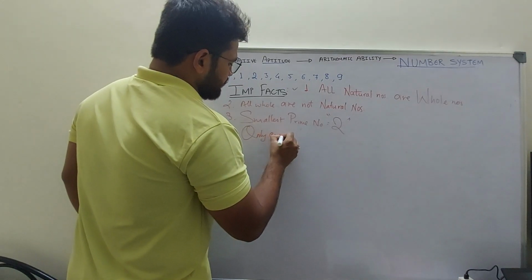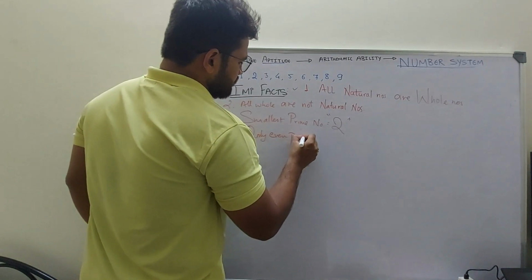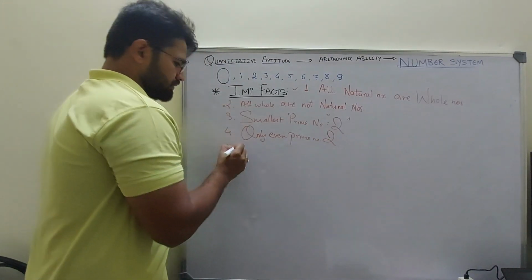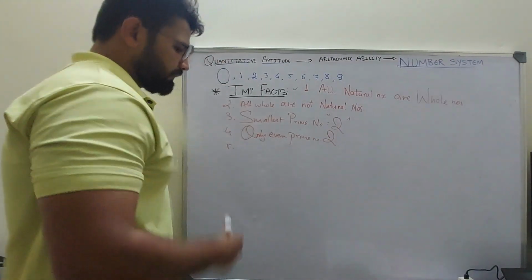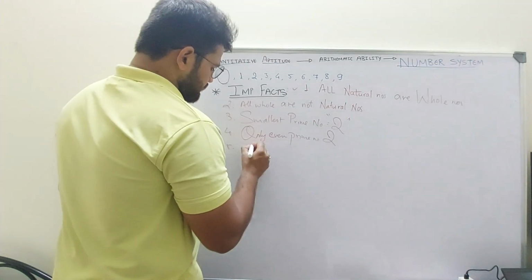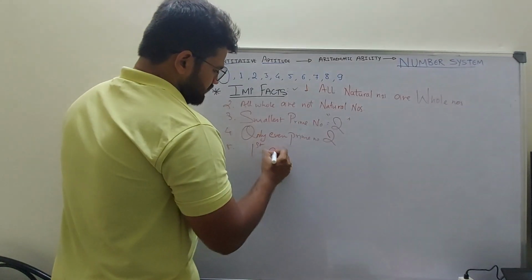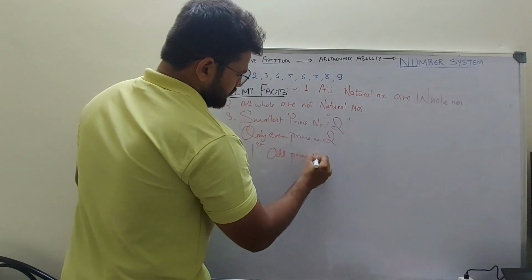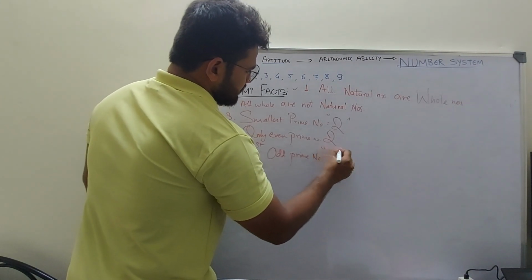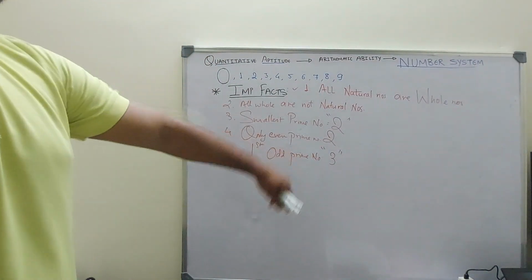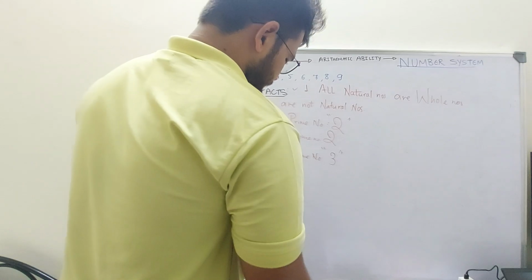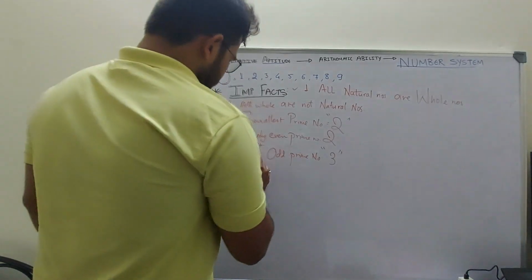The only even prime number is 2. Then the first odd prime number is 3. It is a fact. So 1 is a unique number. Why?